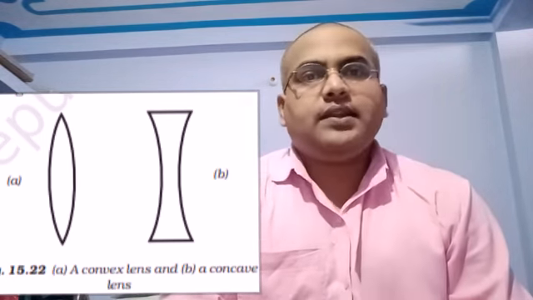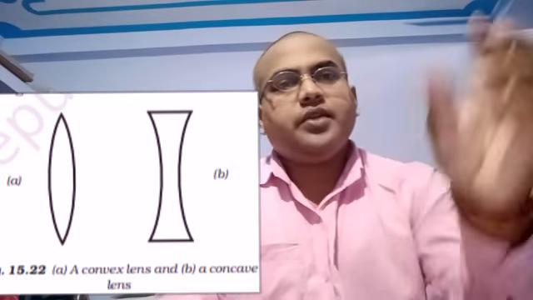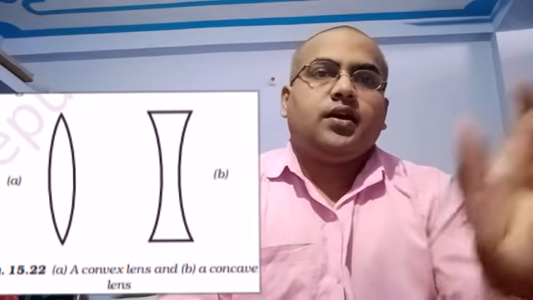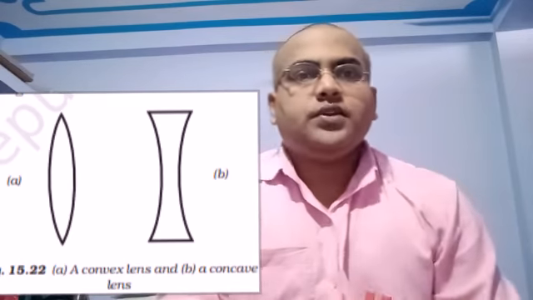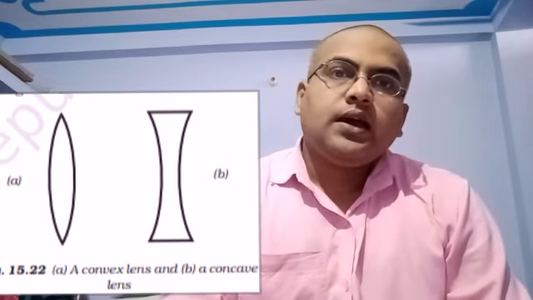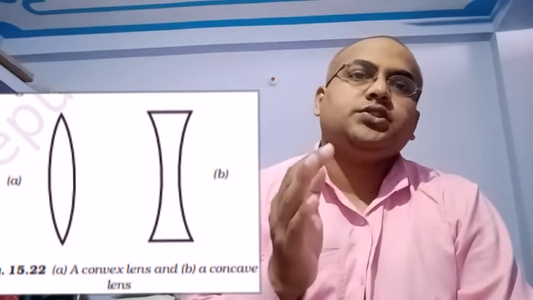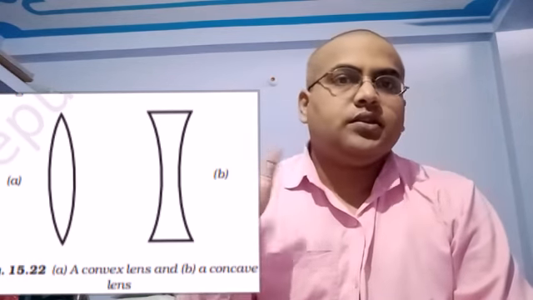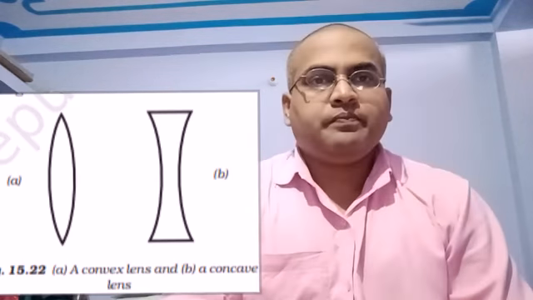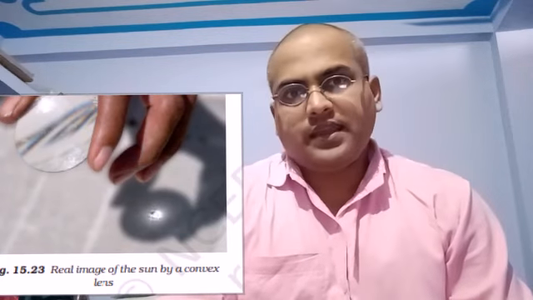Then take a lighted candle, measure a distance of 50 centimeters and put it on one side of the convex lens. Then try to obtain an image of the lighted flame of the candle. For that we can adjust the screen and the candle a little bit.